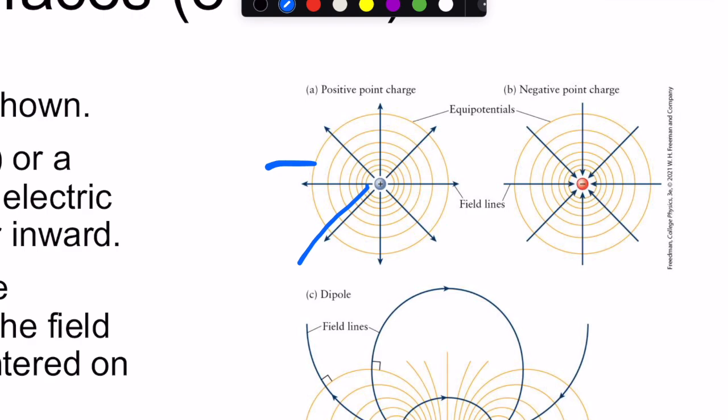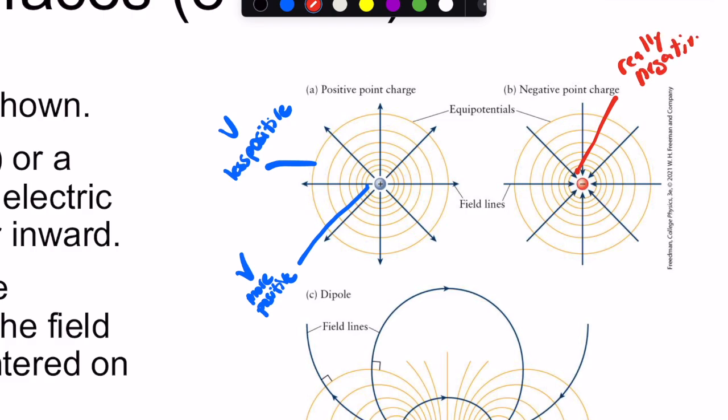This one is going to be more positive, and this one is going to be less positive, because the potential increases as you get closer to the charge creating the potential. And over here, this one is going to be super negative, and out here, it's going to be less negative.